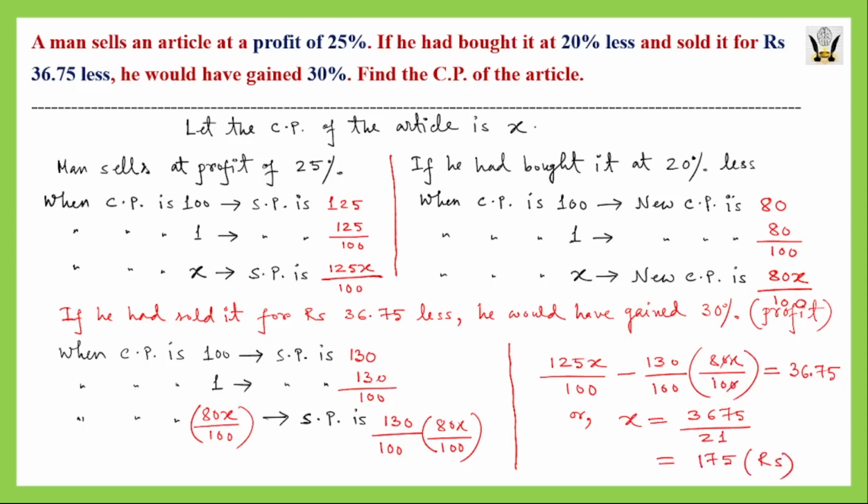Here this 0 and this 0 we can cancel each other, we can divide by 10. 100 we have in both the terms in the denominator, so the LCM will be 100 and that will be multiplied by this 36.75, so it will become 3675, and from here 125 minus 104, 13 multiplied by 8. So finally 125 minus 104 will be 21, so that will be divided by.